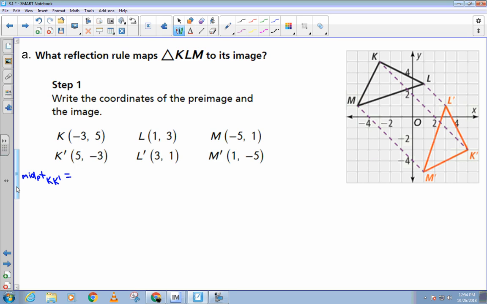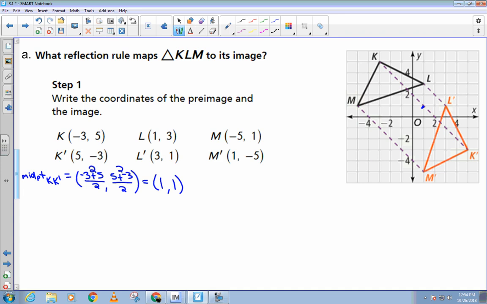So I'm going to take my x's and add those together: negative 3 plus 5 divided by 2. And then my y's: 5 plus negative 3 divided by 2. So this is 2 divided by 2, which is 1, and this is also 2 divided by 2, which is 1. So the midpoint between K and K prime is 1, 1.